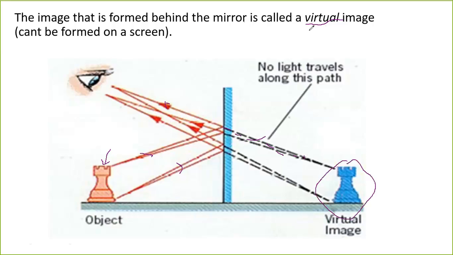It's a virtual image. It's the point where the light rays would meet up if there was an object at that exact distance. That would give us the same picture as the object in front of the mirror. Okay, so plane mirrors form virtual images that can't be formed on a screen.